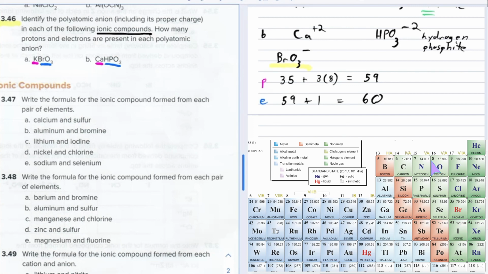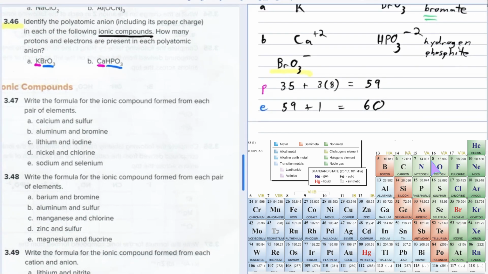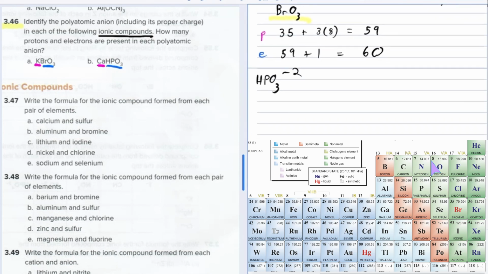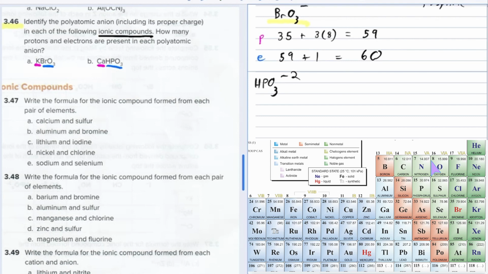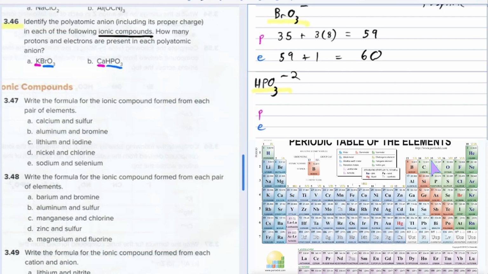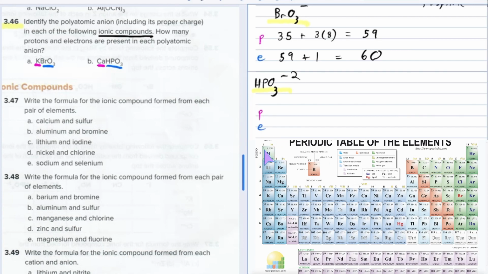Now let's do the other one, the hydrogen phosphite. Let's make a little bit more room for that. Protons and electrons. Now we've got hydrogen, phosphorus, and oxygen. Hydrogen is element number 1, so you've got 1 proton.